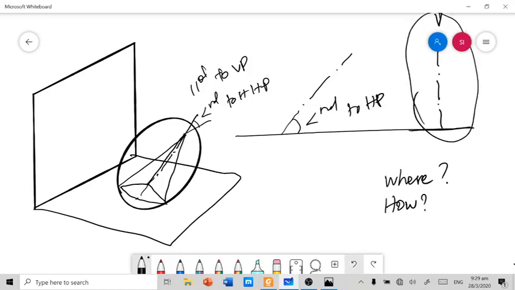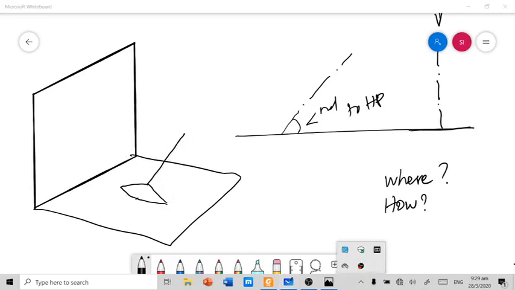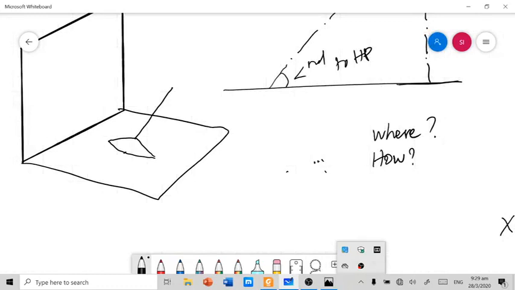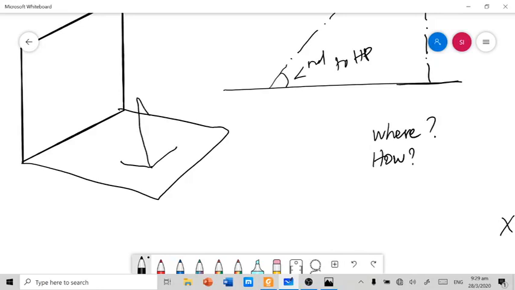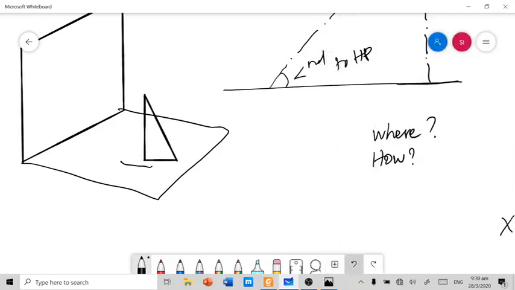The solid will be made in this way. So the axis will become perpendicular to HP and parallel to VP.